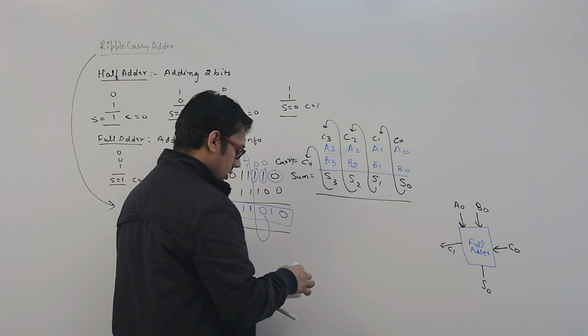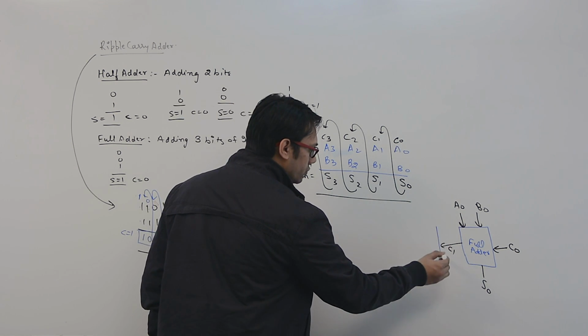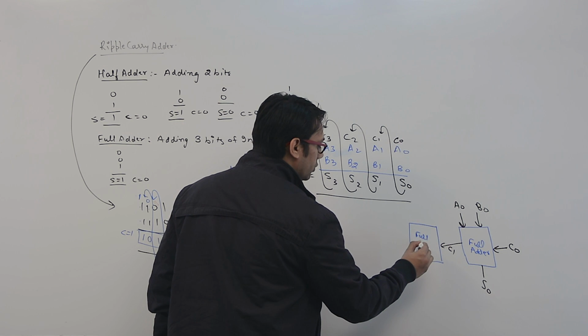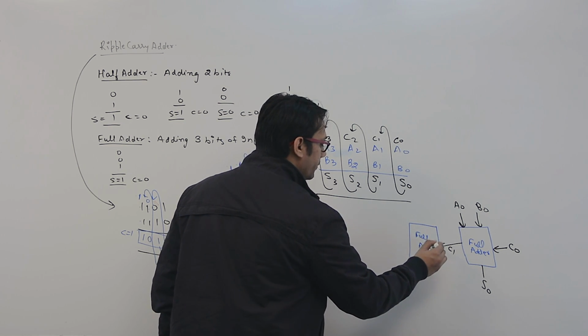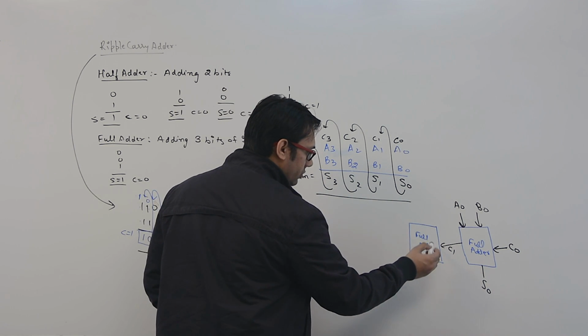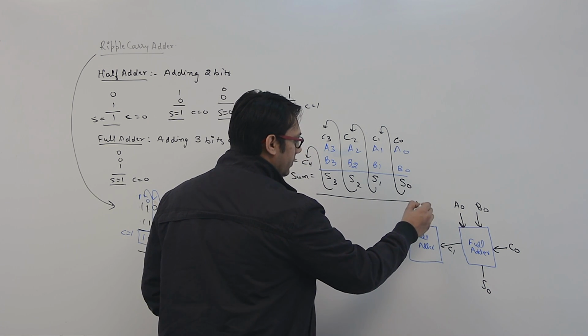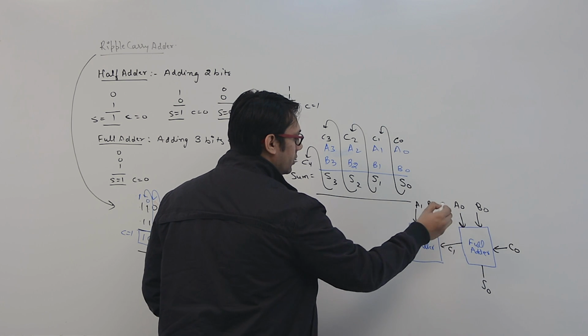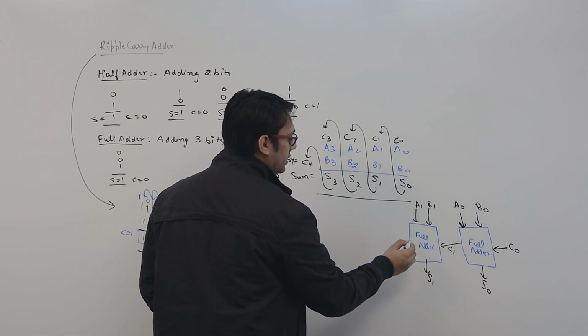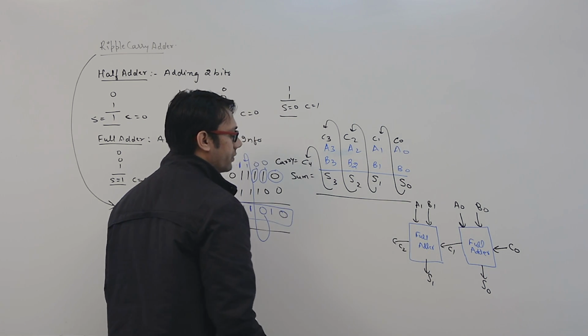Now we are going to use one more full adder. In this full adder we are going to take A1 and B1 as input. We are going to get S1 as sum, and then we are going to get C2 as carry.